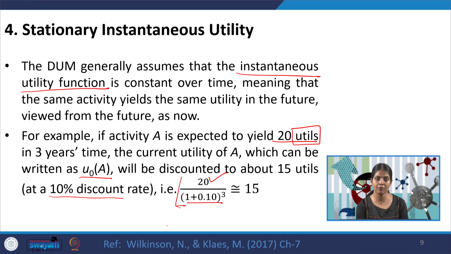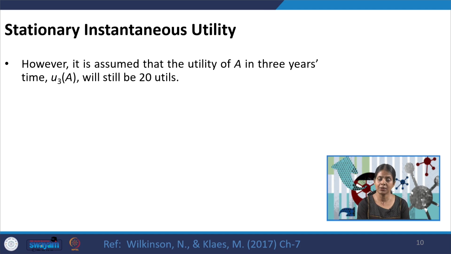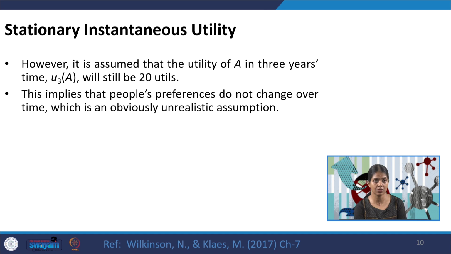So, that is why I have 1 plus 0.1 raised to the power 3, which would be approximately equal to 15. However, it is assumed that the utility of A in 3 years time, that is U3A, will still be 20 utils. So, if it is 20 today, then it is 20 after 3 years also. This implies that people's preferences do not change over time, which is an obviously unrealistic assumption.